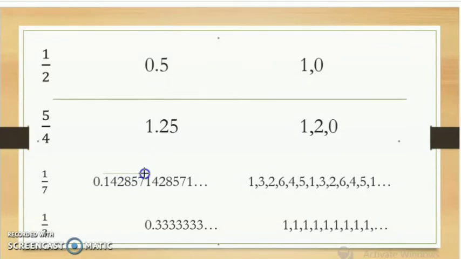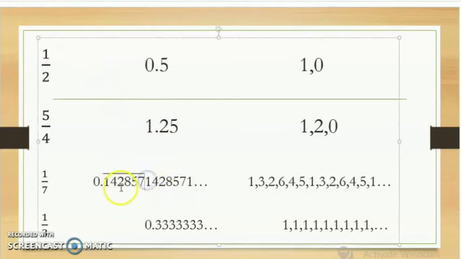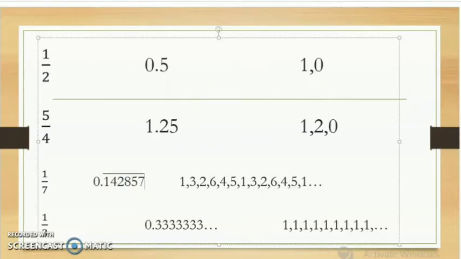We can call it a line or a bar. Once we write it like that, we don't have to use the long notation. It means 142857 is getting repeated again and again. So the bar represents that these digits are being repeated again and again.